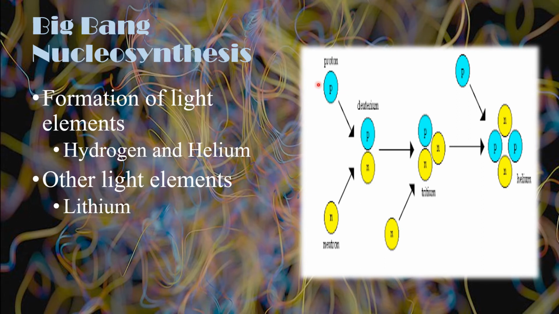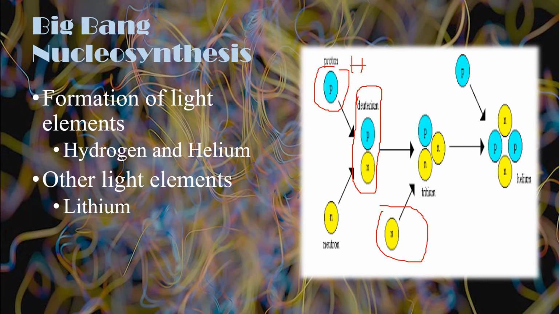From proton, remember that this is what we call hydrogen. This proton, hydrogen, combined with a neutron is the time that we call deuterium. After the fusion of these particles, another neutron will fuse to the deuterium.